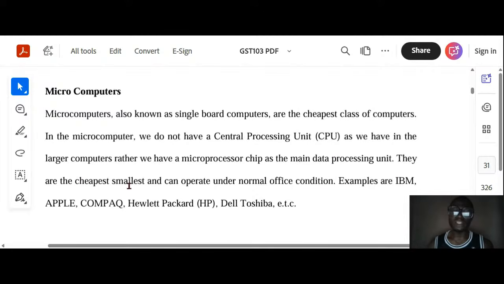They are the cheapest and the smallest and can operate under normal office conditions. Examples of microcomputers are the IBM, the Apple, the Compaq, the HP, the Dell, and the Toshiba.